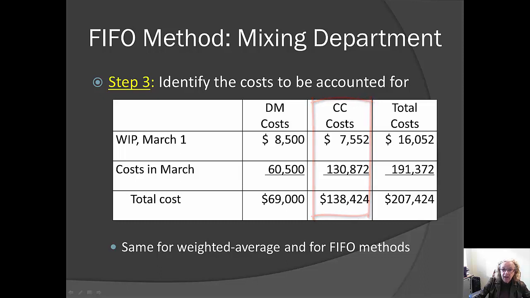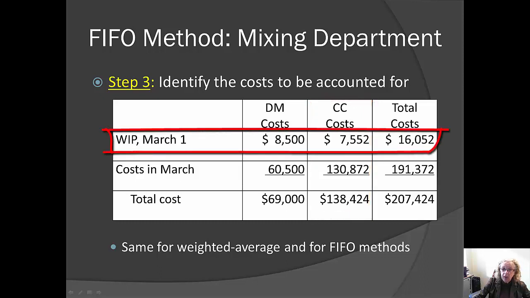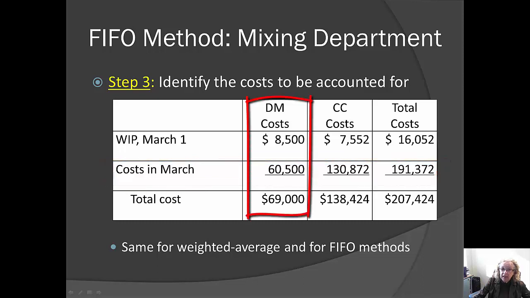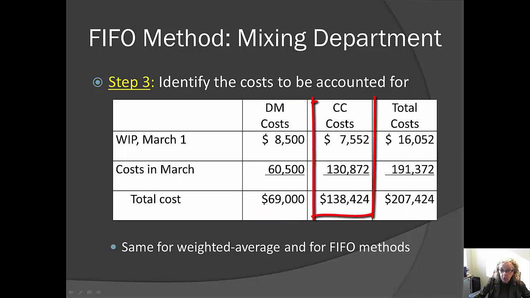We can add across to get the total dollar value of the work in process at the beginning of the period and the total amount of costs added during the period, we can also add down to get the total amount of materials costs and the total amount of conversion costs.